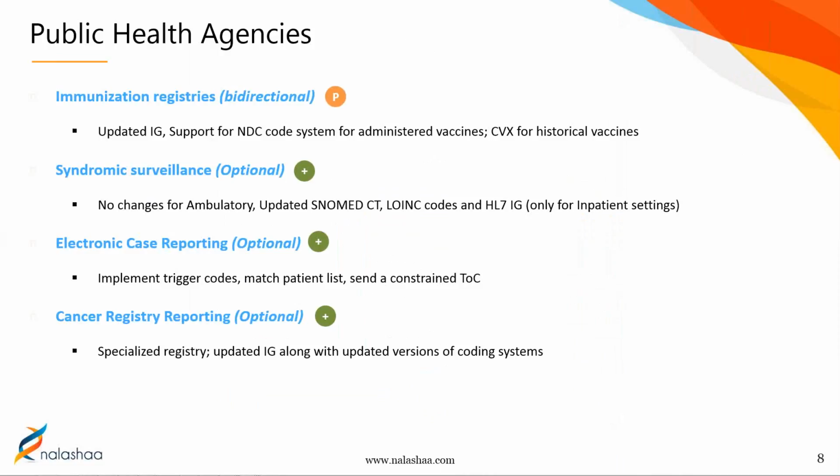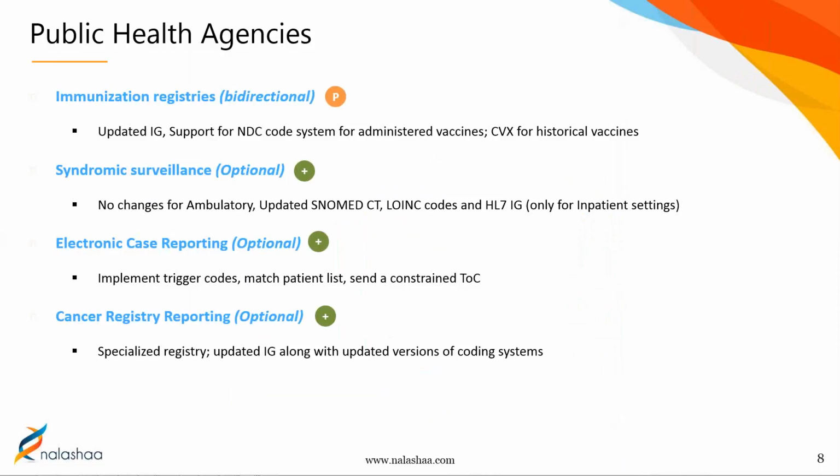Initially in 2014 we were already supporting the CVX coding system. Whenever new immunizations are sent to the registries, the NDC codes will now have to be sent. Does that mean we have to map the CVX and NDC? Well, no, there's no mapping required. Let the historical vaccines still use the CVX codes, and let the new vaccines use the NDC codes.